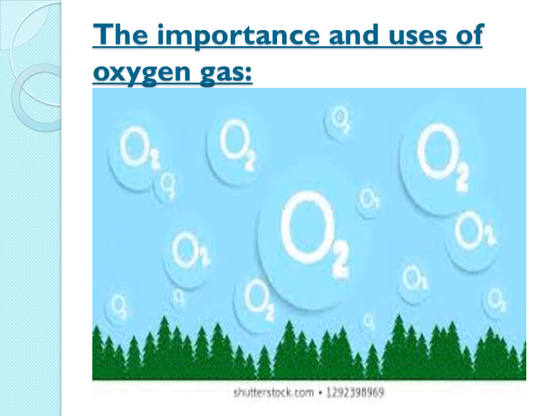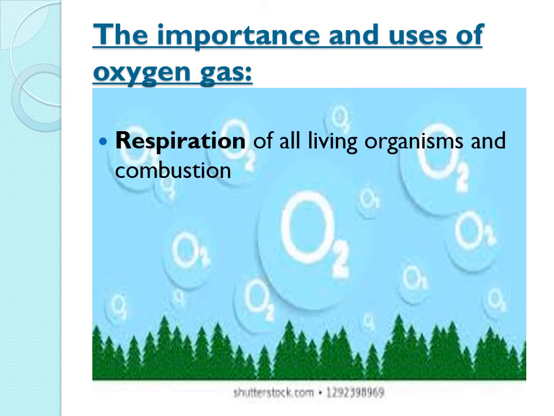Now, we will talk about the importance and uses of oxygen gas. First, oxygen is very important in respiration of all living organisms, as well as in combustion and burning.